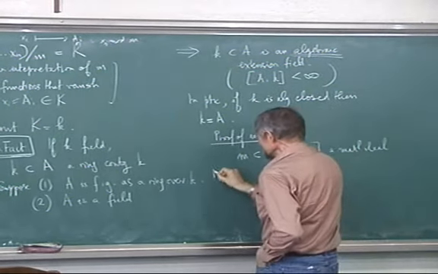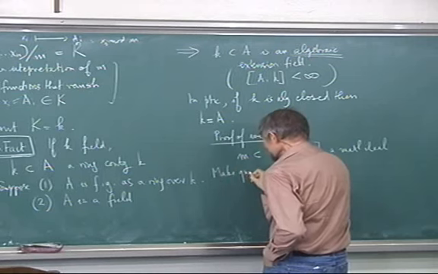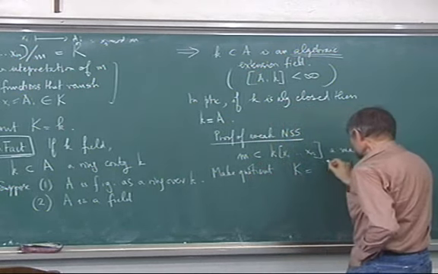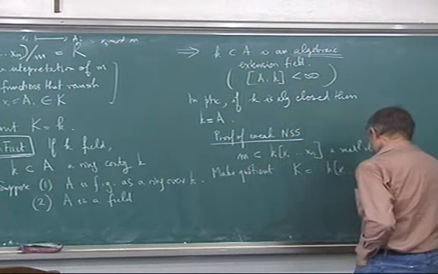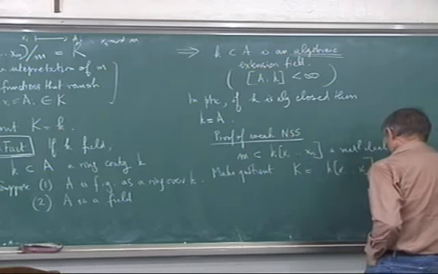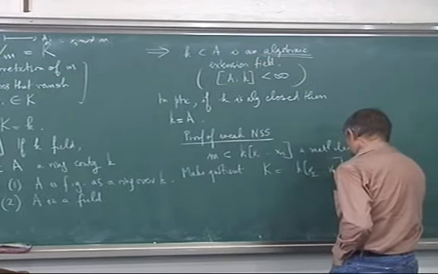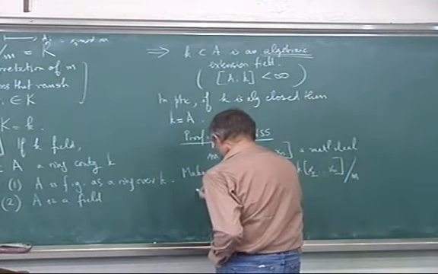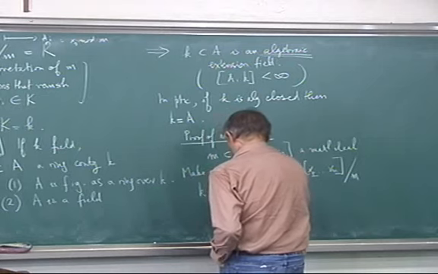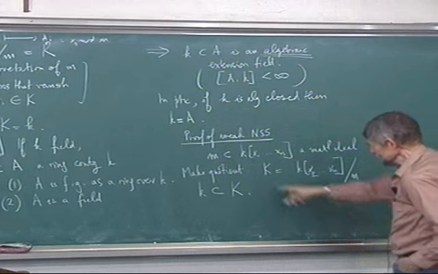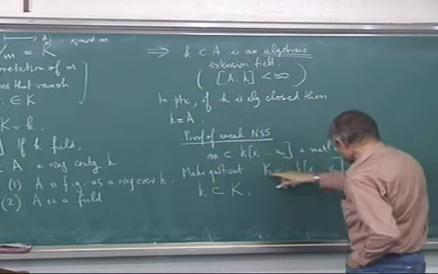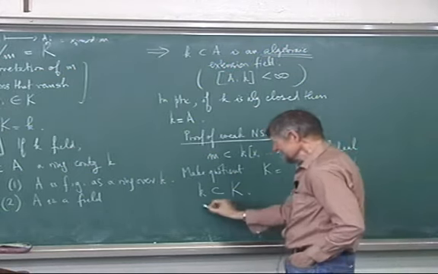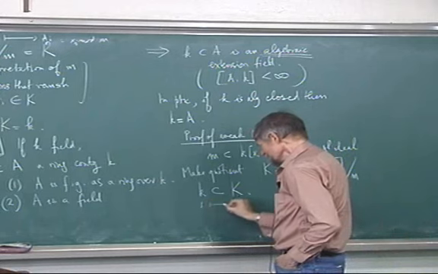So make the quotient, big K equals k of x1 up to xn divided by M. Okay, then consider k into big K. Right, so I have k is contained in here, and so it maps down to this quotient. This is a field homomorphism, and it's not 0 because 1 here maps to 1 there.